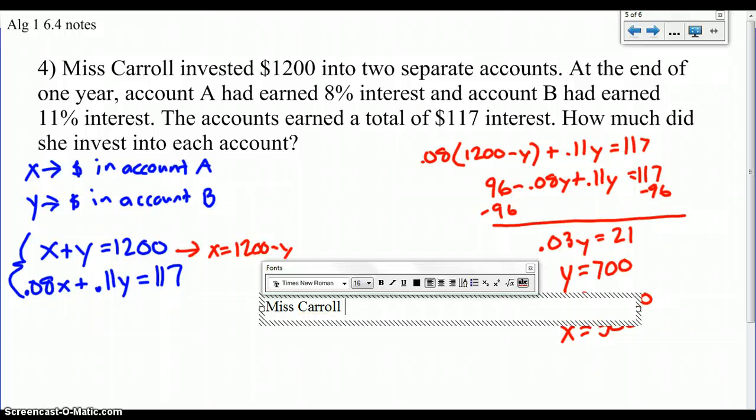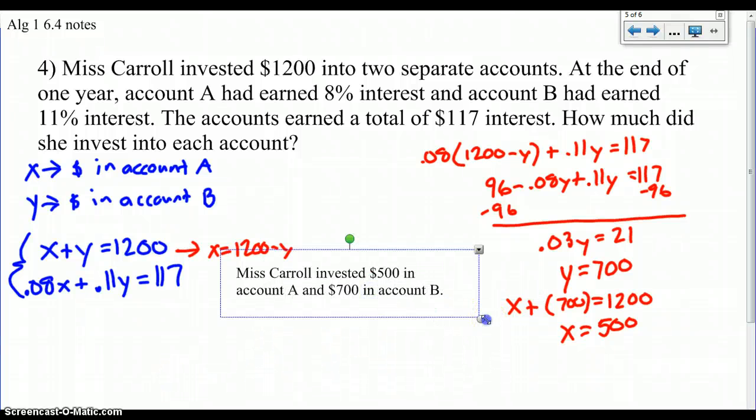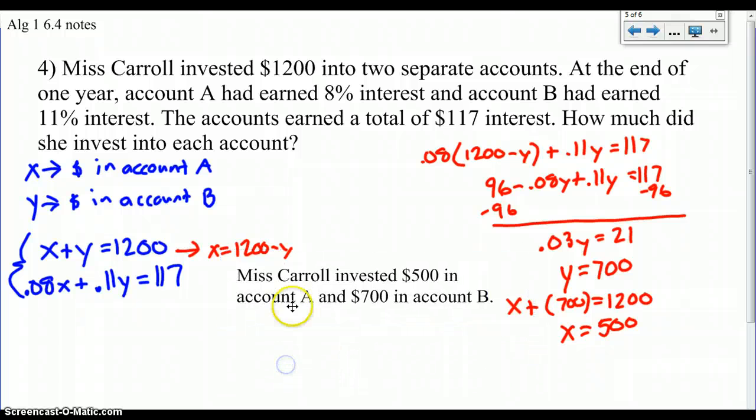So what we know is that Miss Carroll invested $500 in account A and $700 in account B. You always have to put these kind of things in context, make sure that they make sense and that they answer the question that was given to you.